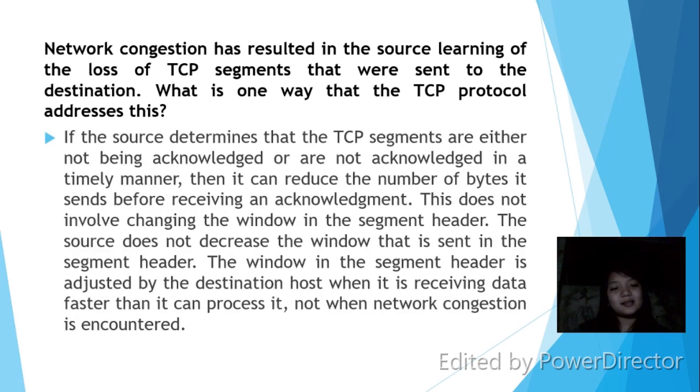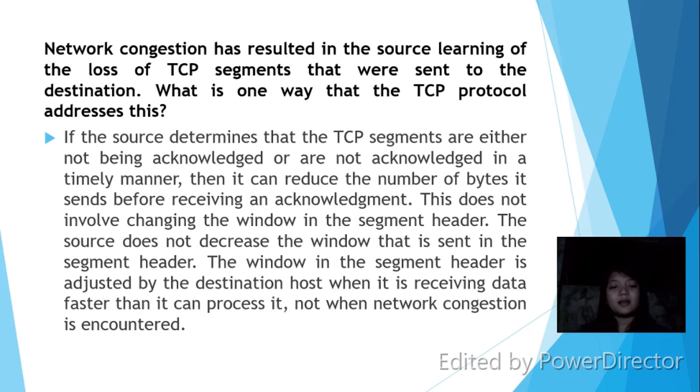If the source determines that the TCP segments are either not being acknowledged or are not acknowledged in a timely manner, then it can reduce the number of bytes it sends before receiving an acknowledgement. This does not involve changing the window in the segment header.